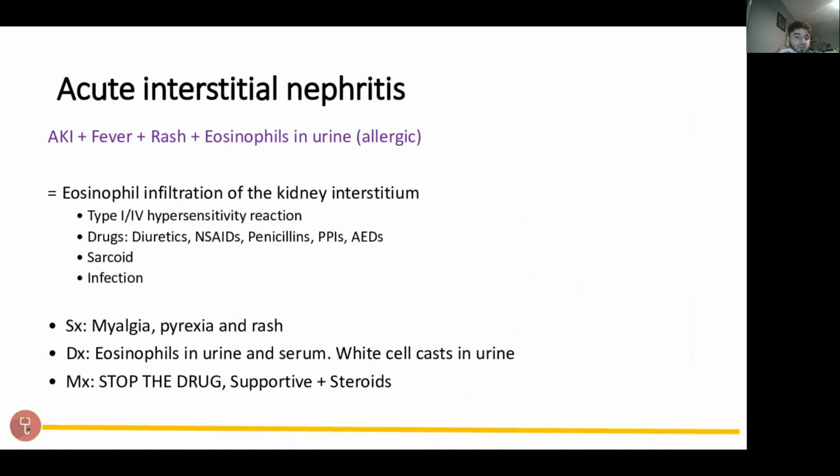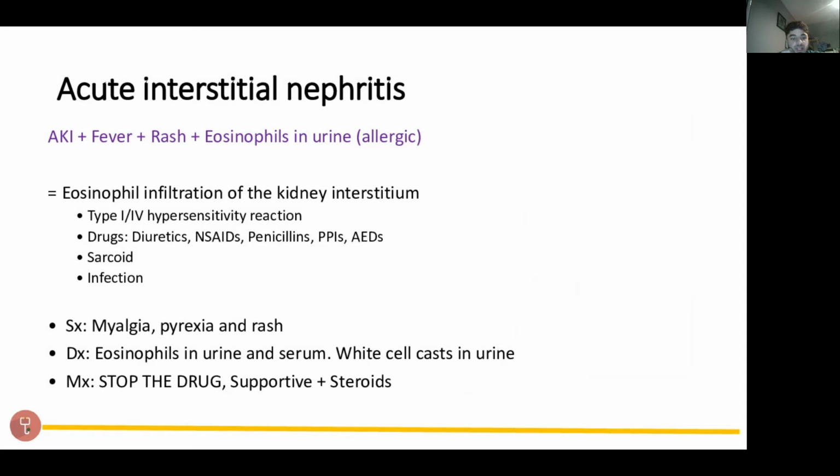Remember, your symptoms are always pyrexia, rash, and although typically people say eosinophils in the urine, that is apparently in clinical practice a bit rarer, and generally what you do see is white cell casts in the urine, okay?